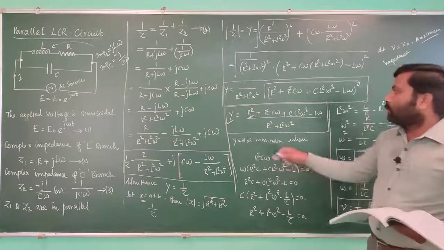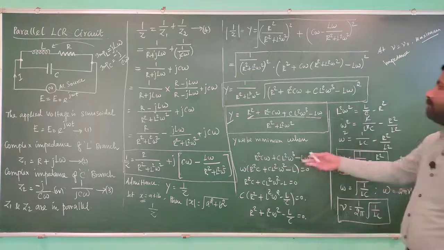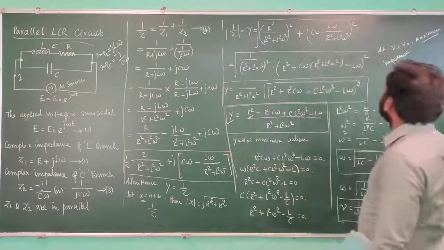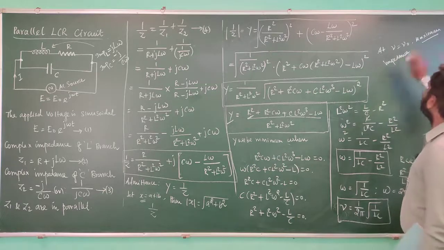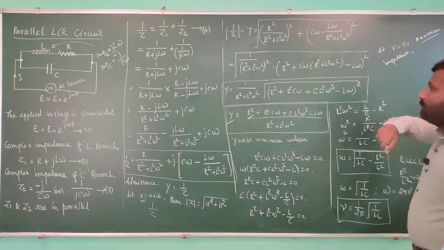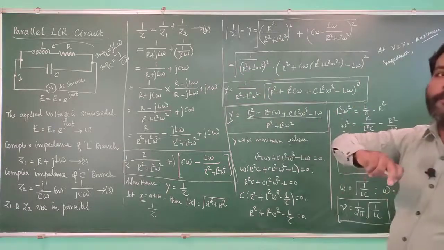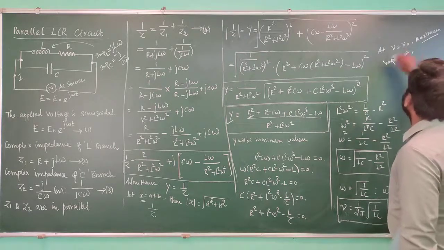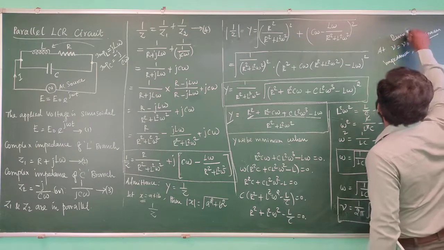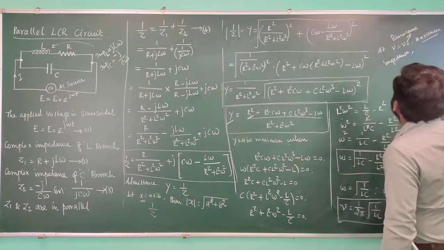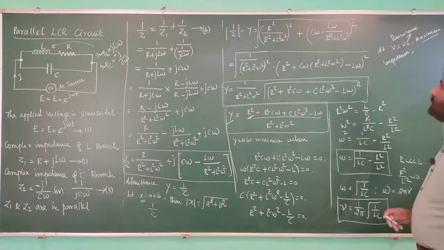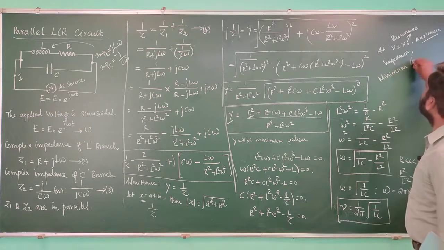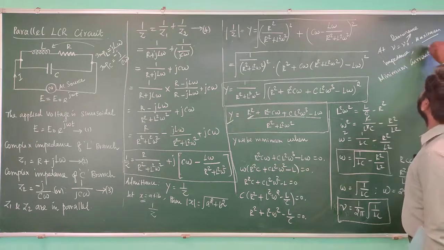Because the reciprocal of impedance is admittance, so if y is minimum, then impedance will be maximum. Impedance being maximum means the current through the circuit will be minimum. This is called the resonant frequency. The circuit will exhibit maximum impedance, so it will exhibit minimum current I.